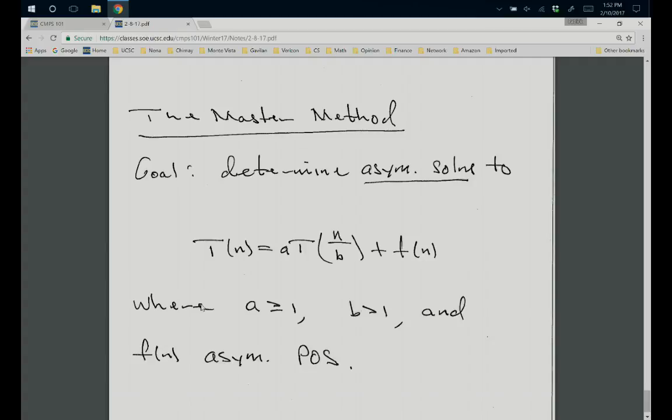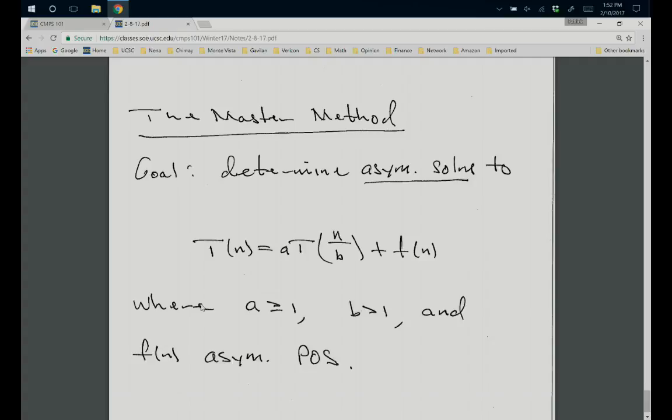Compare, let me put a box around the answer. This is nice. We get answers. We're computing answers, so let's put boxes around them. Okay. So compare f of n, that's n, to n to the power log base 4 of 5.